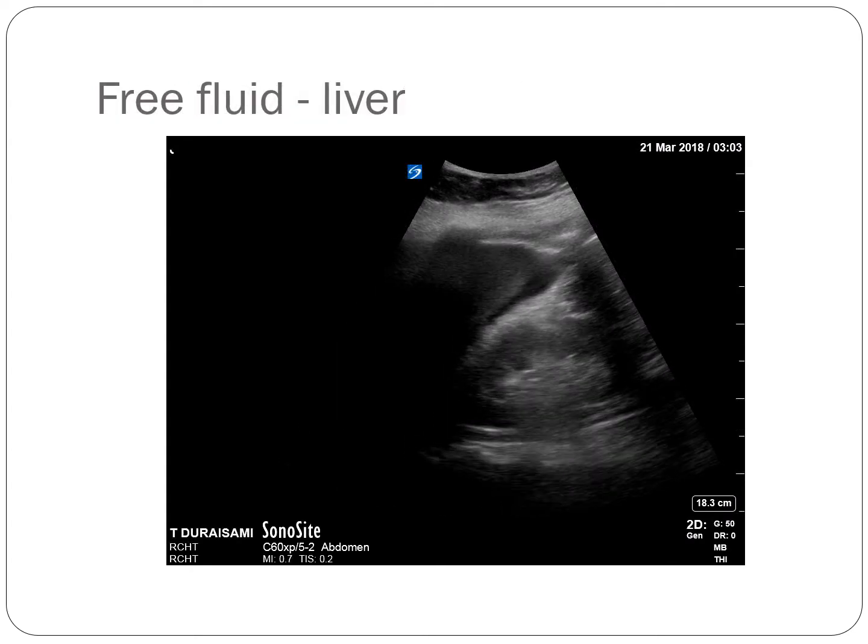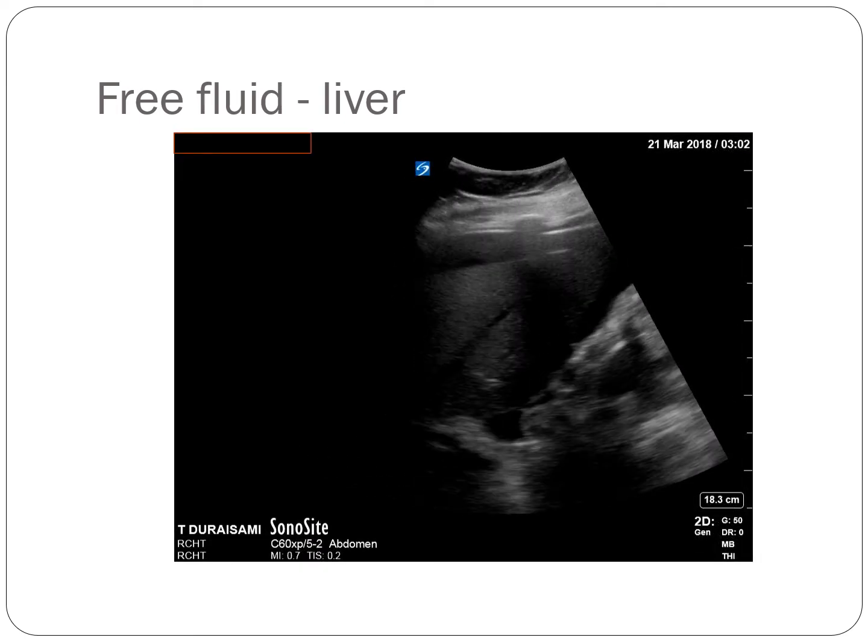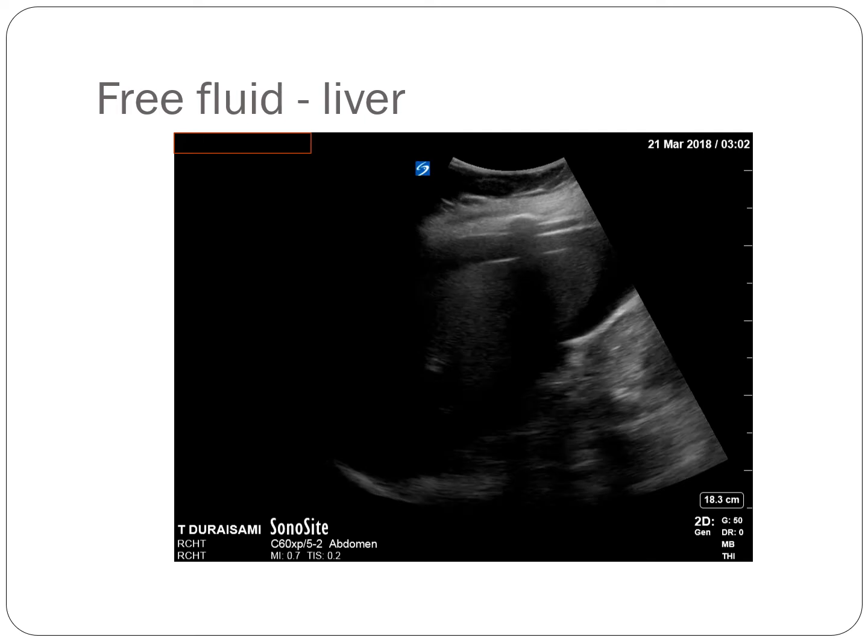On this scan, you can see the right upper quadrant space. So you can see the edge of the liver, you can see the right kidney, and you can see the rim of fluid around the liver. And now we can find out what's good about ultrasound scanning.